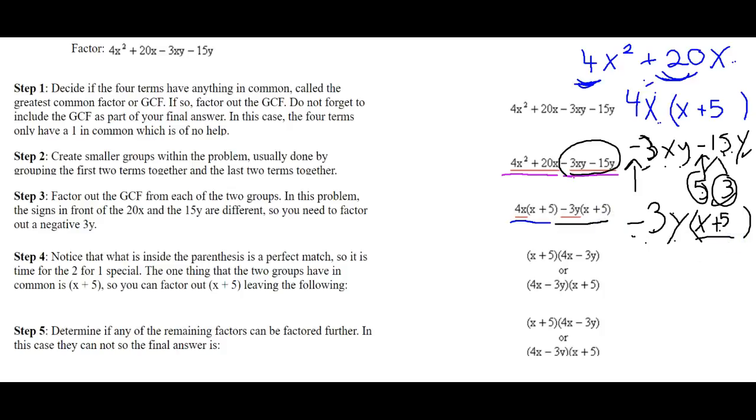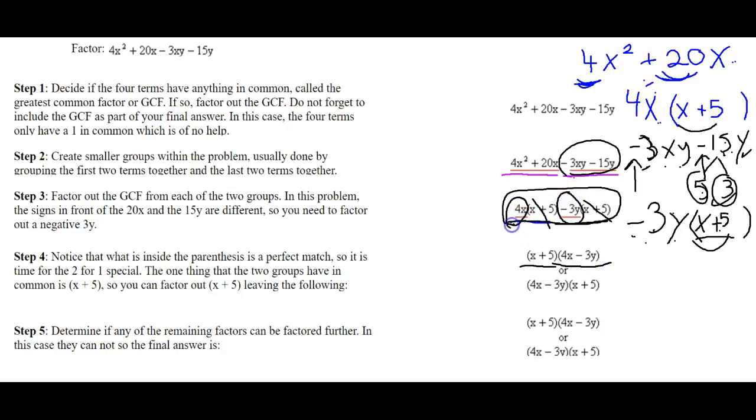Do we see the common, guys, between the two now? Absolutely. Look in that square. Who's common? Smiley face. Yay, x plus 5 is common. So we can write the x plus 5. That's the common. Then you take the first two guys and the second two and put them in their own parentheses.